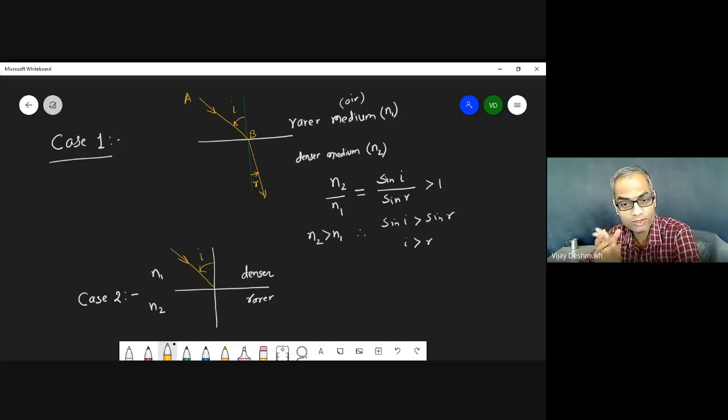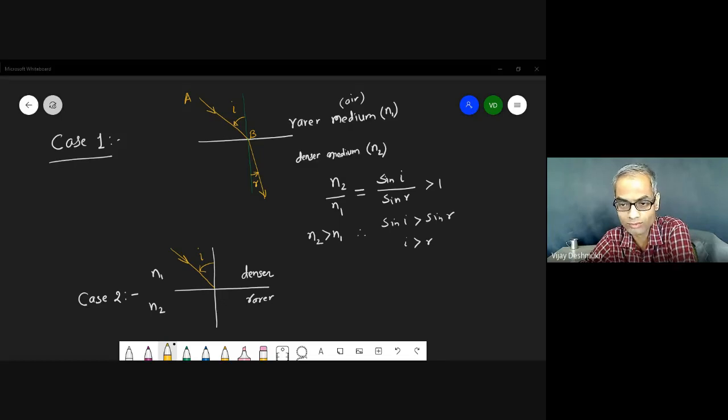You have to find out the angle of refraction, not reflection, when the light travels from the denser medium to the rarer medium. And obviously, a similar relation, just like the first case. You just draw it, and randomly I will call someone.